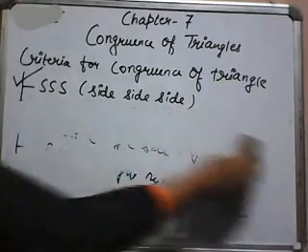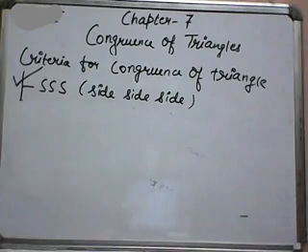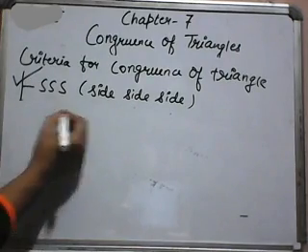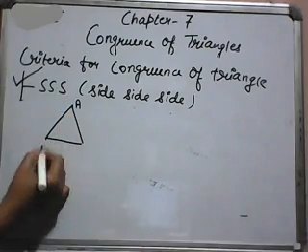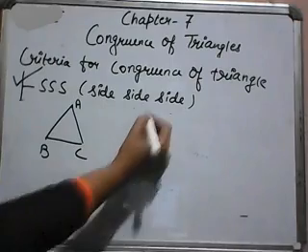Side criteria means under a given correspondence, if the three sides of one triangle are equal or congruent to the three corresponding sides of another triangle, then the two triangles are said to be congruent. Suppose it is triangle ABC and it is triangle PQR.